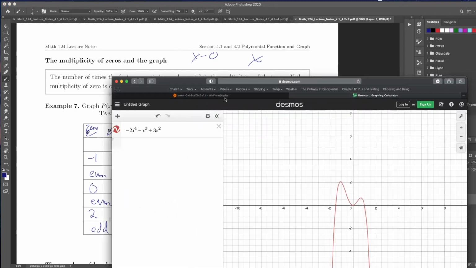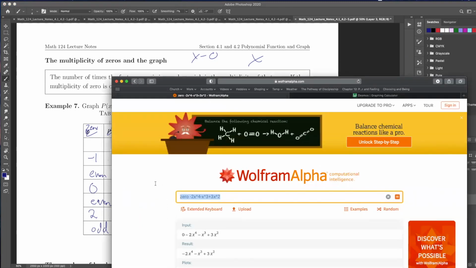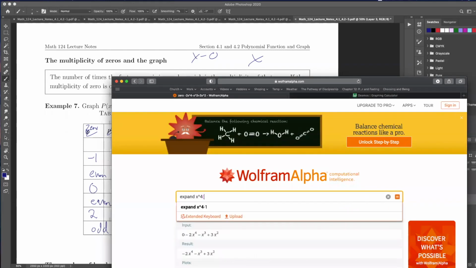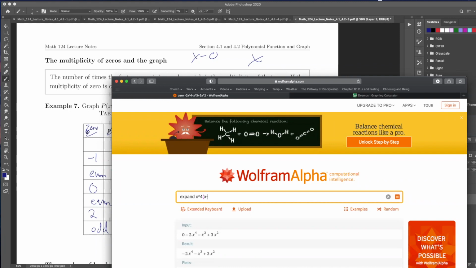And here we'll just go to here. So expand x to the 4th, x minus 2 cubed, sorry, x plus 1 squared.